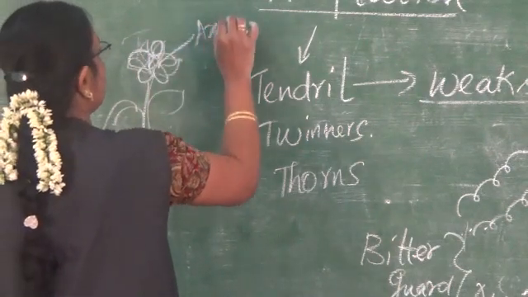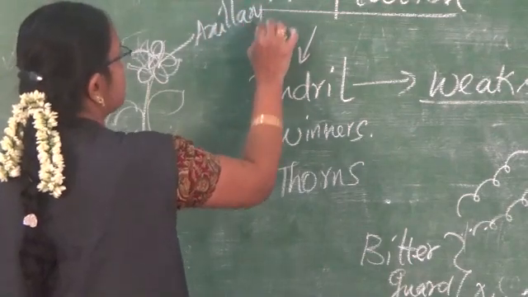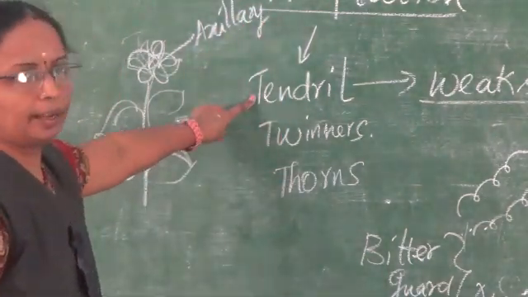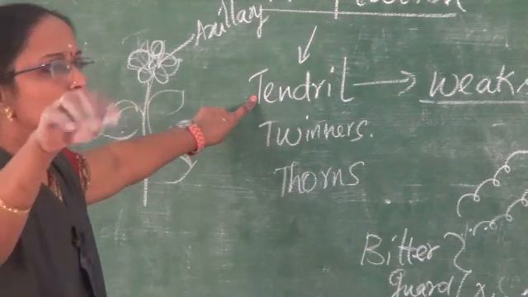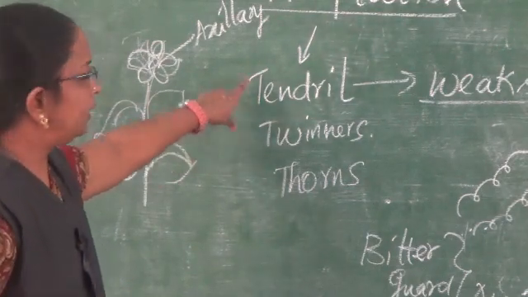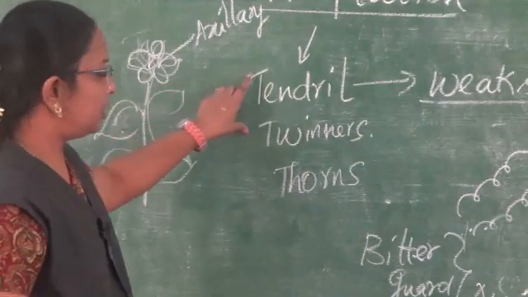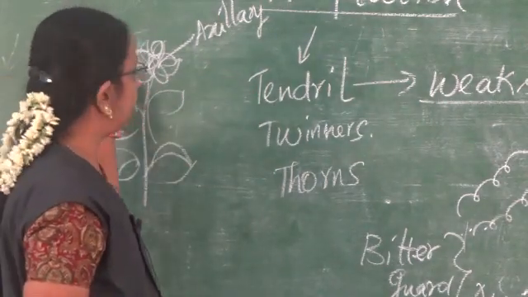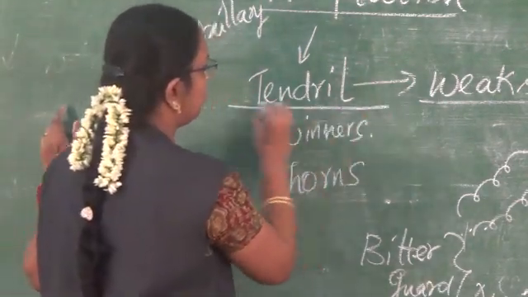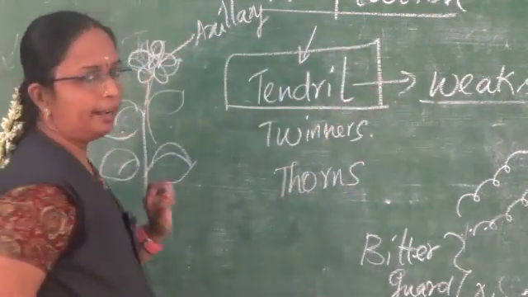This axillary bud changes into tendril, and with the help of that it may twine around other plants and then they live. So this is one of the modifications that is found in sweet pea and bitter gourd. This type of modification is tendril.